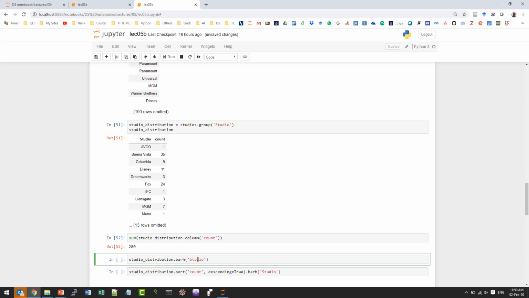What happens when we just give one? It seems like by default, it takes the categorical variable and considers all the others as the numerical variables that we want to plot.